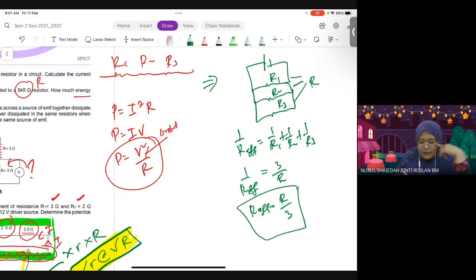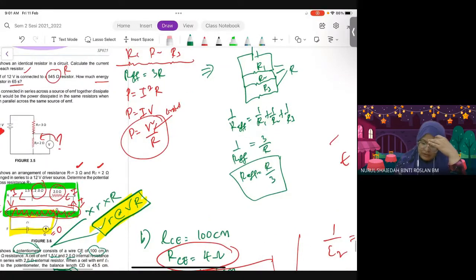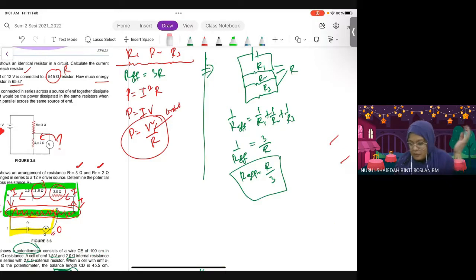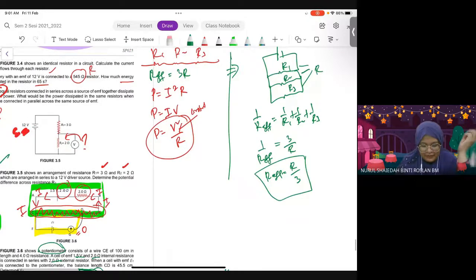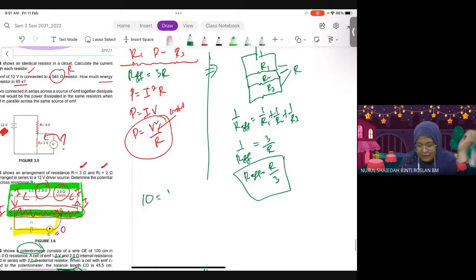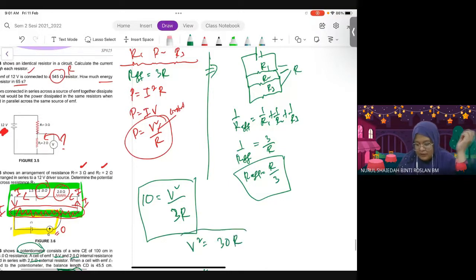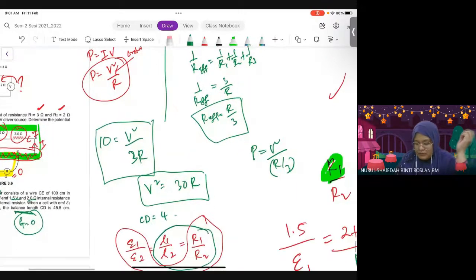But for this one, R effective you adalah 3R lah. Tambah je. Okay. So 10 kan? 10 sama dengan V square over 3R. So V square sama dengan 30R. Okay. So P sama dengan V square over R over 3. Sebab dia R over 3.